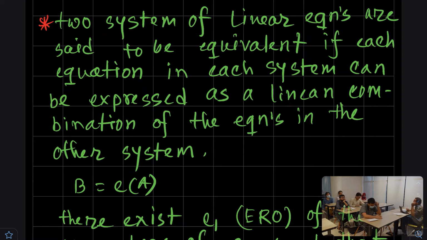Yeah, I understood. If I recap that, you're saying that two systems of linear equations we can call equivalent if every equation of one system can be expressed as a linear combination of the other system, and vice versa.